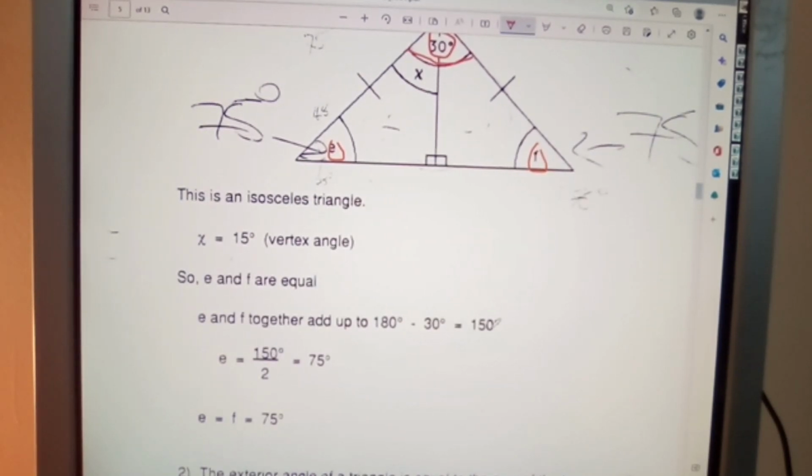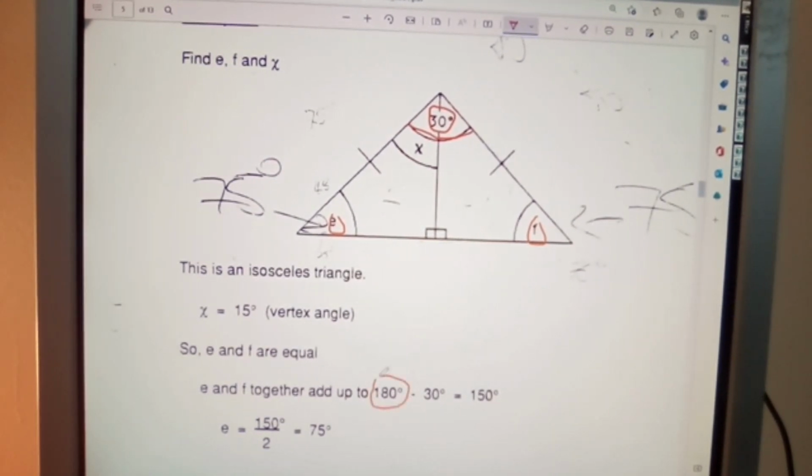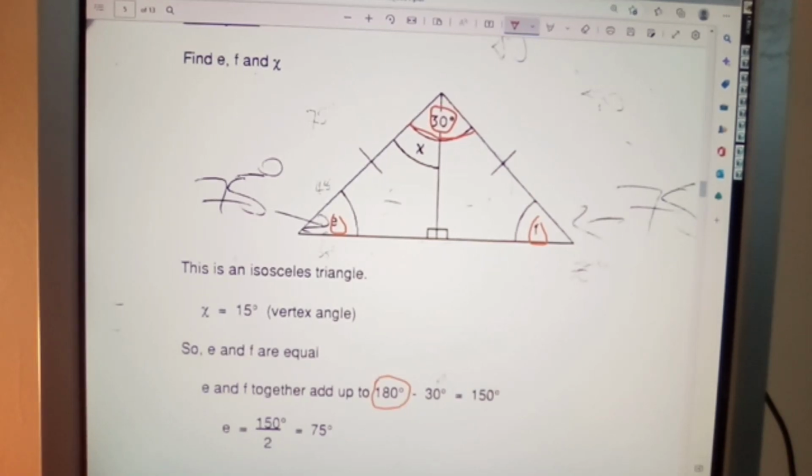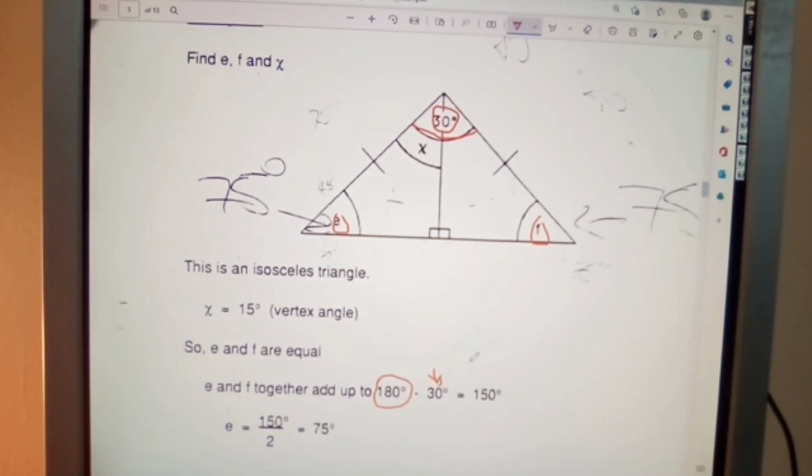Now remember, our 30 is here. We know that is the total angle of any triangle. So 180 minus 30 equals 150.